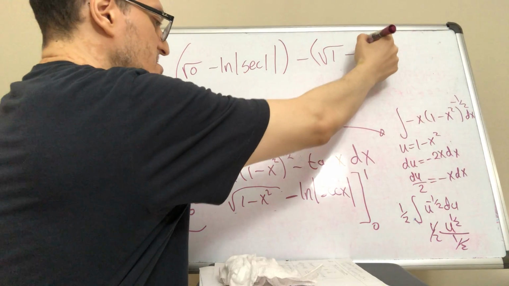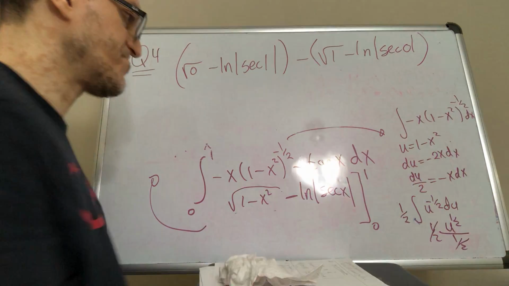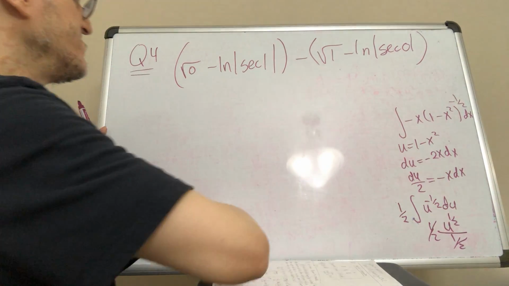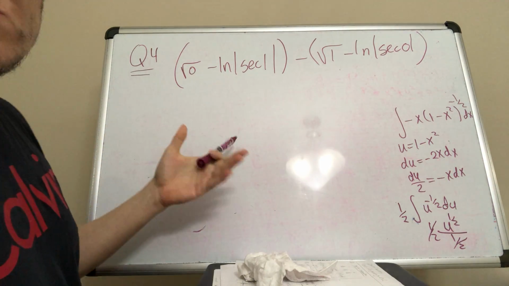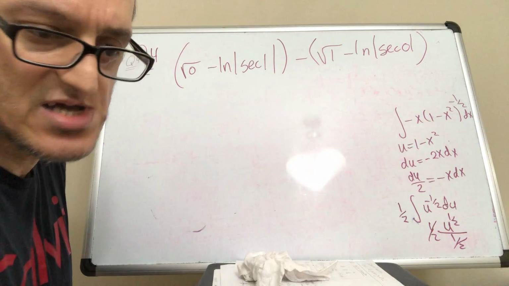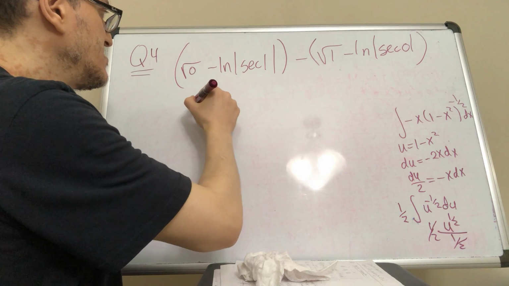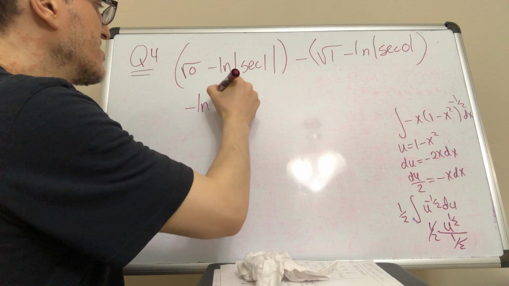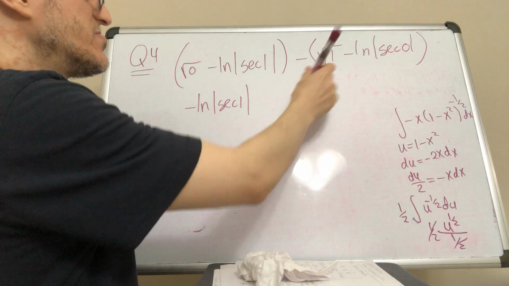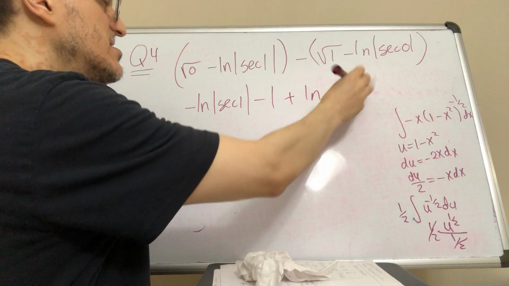You plug 0, ln of secant 0. Of course, the square root of 0 is 0. Secant 1 is not one of those that is very common, so just leave it as it is. So this is 0, ln secant 1. Negative square root of 1 is 1, so minus 1. Minus minus plus ln of secant 0.